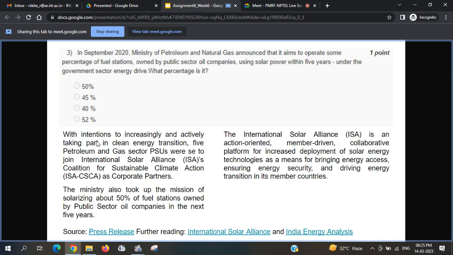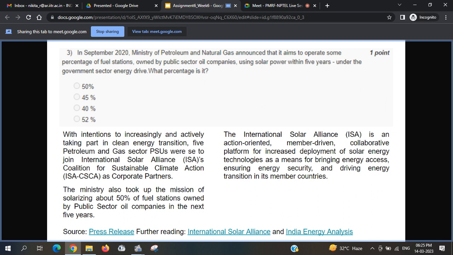This announcement pertains to the International Solar Alliance, which is a part of the Coalition for Sustainable Climate Action.